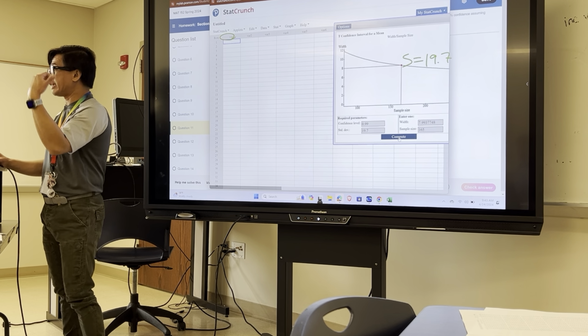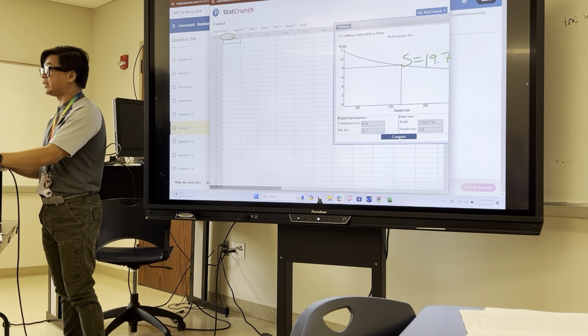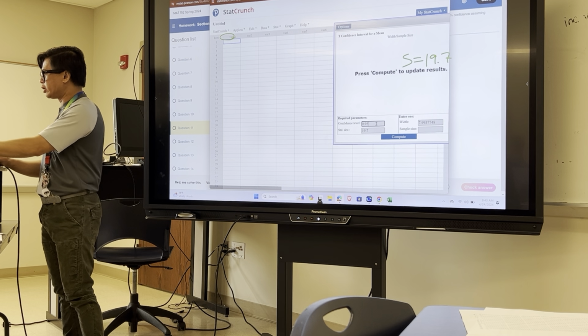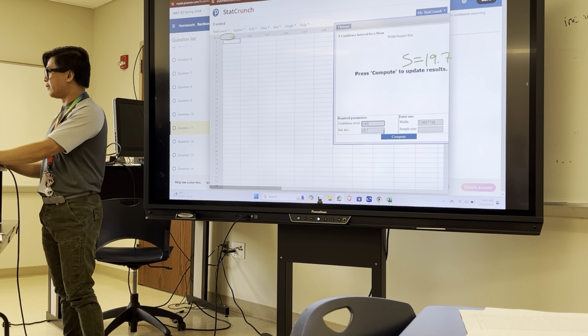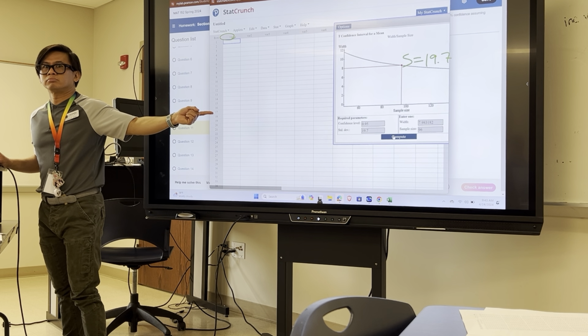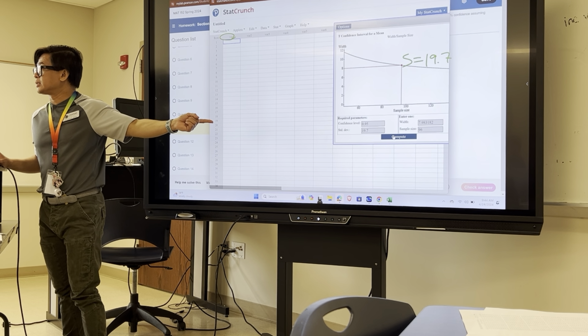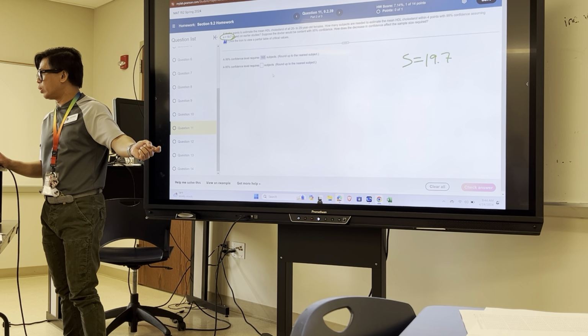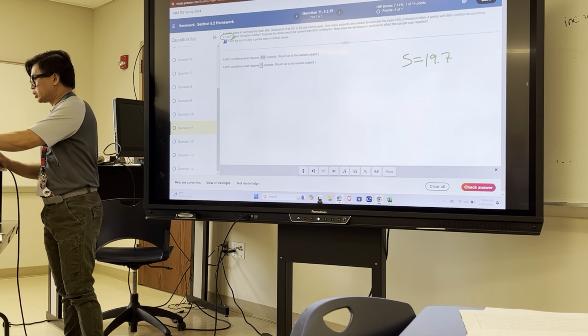Now on the second option, it says 95% confidence interval. Let's see what's going to happen. If we lessen the confidence interval from 99 to 95, what will we get? 96. Okay, so your sample size gets bigger or smaller? Smaller, right?